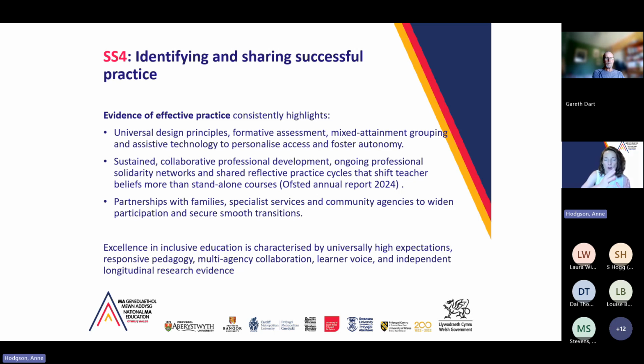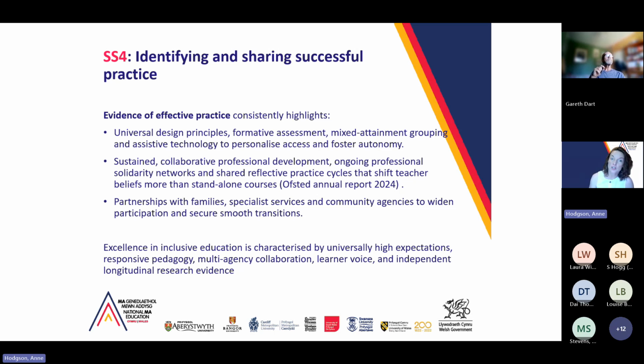Those are key threads that arise time and time again throughout lots of the documentation. Sustained collaborative professional development really helps to shift the discourses and the beliefs, the attitudes part, as well as the expertise and skills part.